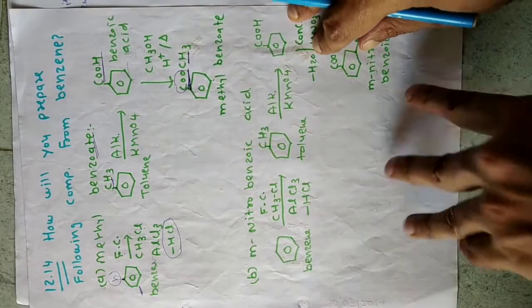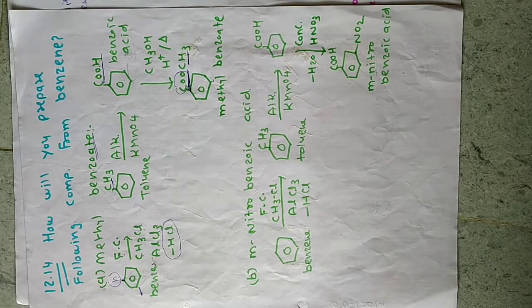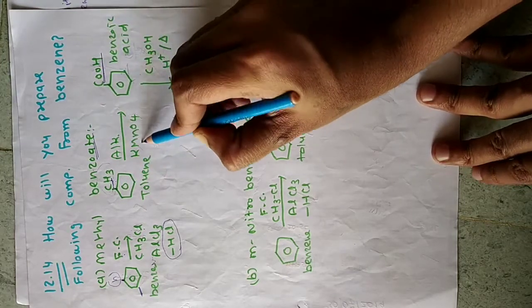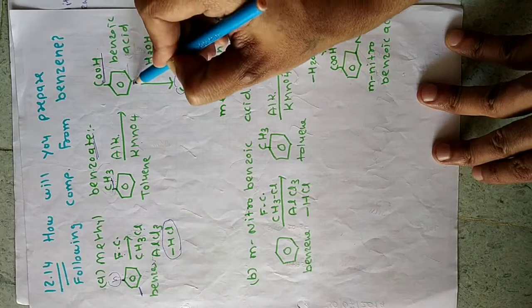For making a carboxylic acid you need a strong oxidizing agent, that is alkaline KMnO4. So I am using alkaline KMnO4, and it will give you benzoic acid.